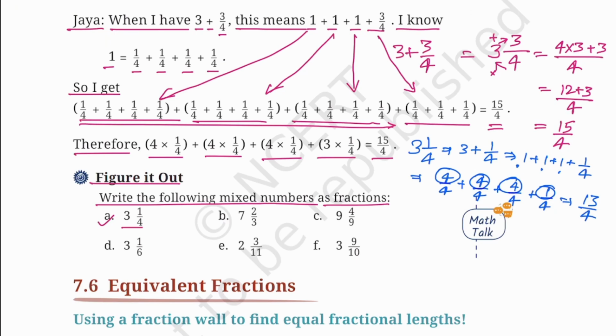Another way of doing that, 3 whole 1 upon 4, just multiply the denominator to the whole part and add the numerator. That is 4 into 3 plus 1 upon 4. 12 plus 1 upon 4 is equal to 13 upon 4.